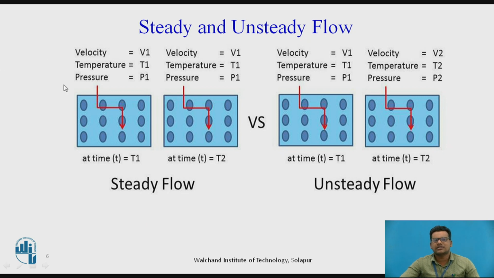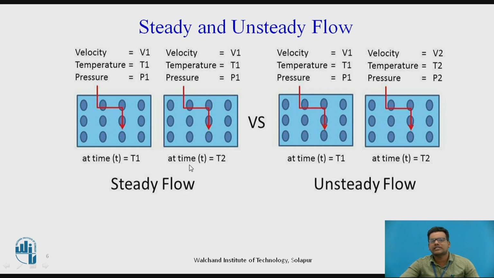Now consider these fluid particles are there, and at time t1, let us say the properties are velocity is v1, temperature is t1 and pressure is p1, and after a particular period of time the velocity is v1, the temperature is t1 and the pressure is p1, means the parameters are not going to change with respect to time, then that type of flow is called as the steady flow.